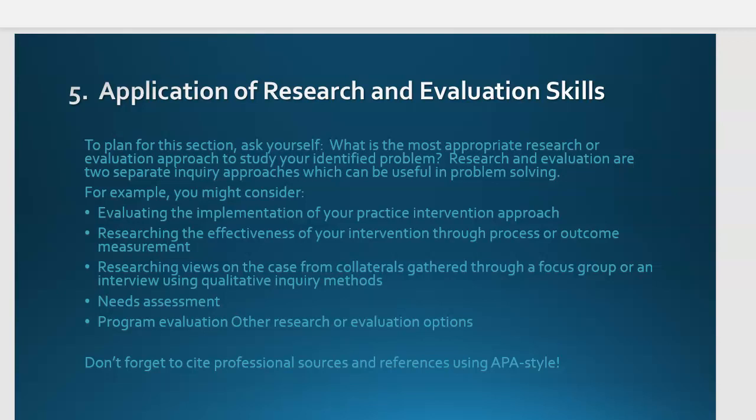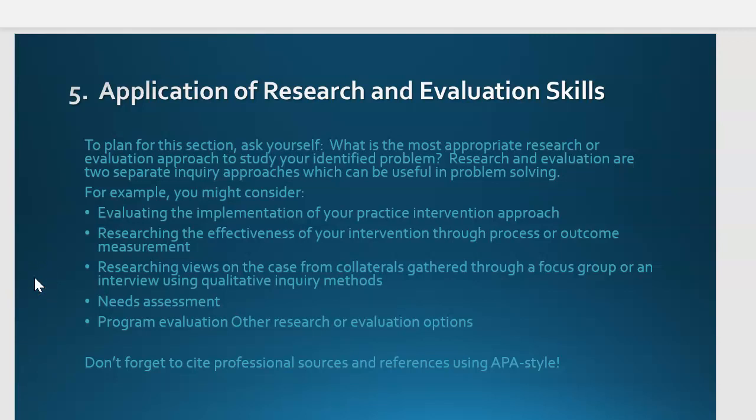You might do a needs assessment. So you might use program evaluation. You might use standardized tools to do your evaluation. So there's lots of ways you can approach this. The idea is that you draw upon the material that you learned in social work research and program evaluation to complete this section.